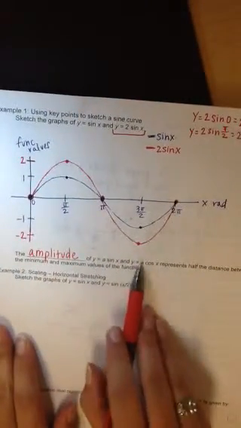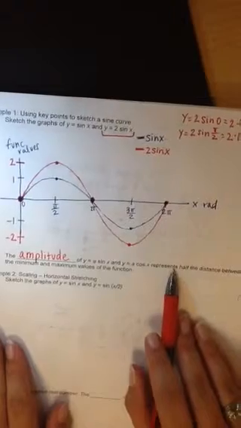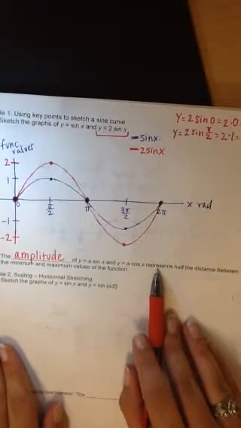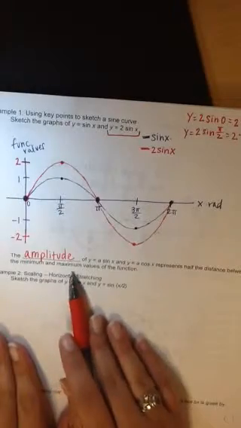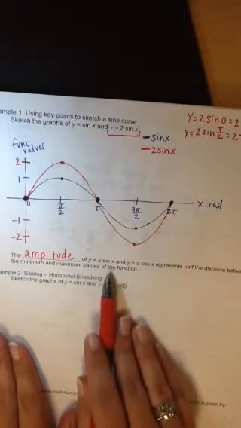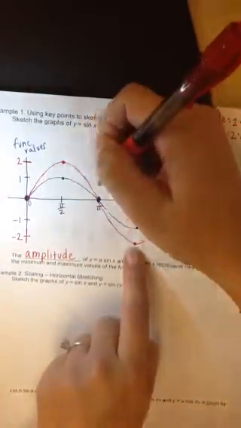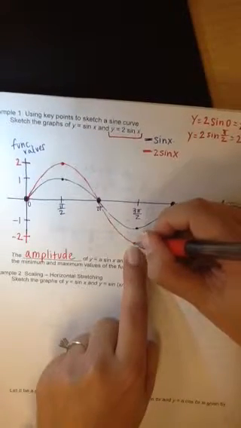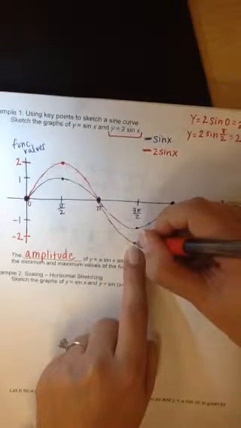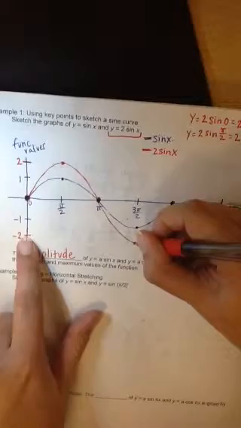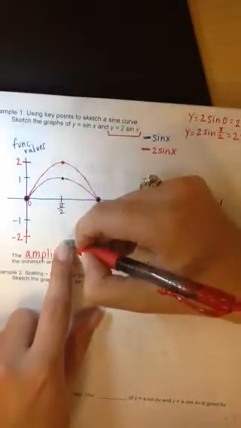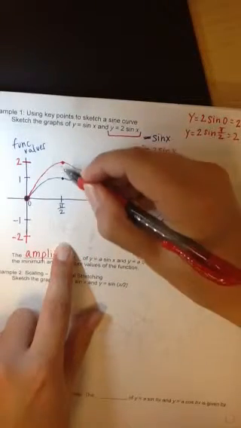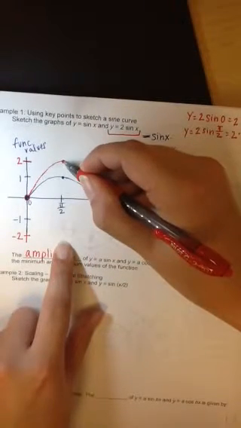of your sine or cosine function, formally, we would define it as half the distance between the minimum and the maximum values of your function. So the minimum of your 2 sine x function, the one in red, is at -2. The maximum is at +2. The total distance of separation between min and max would be 4.